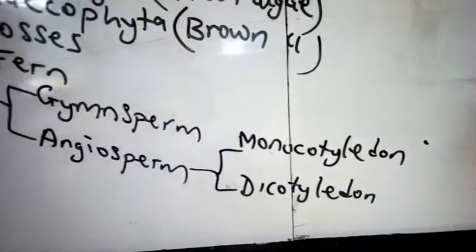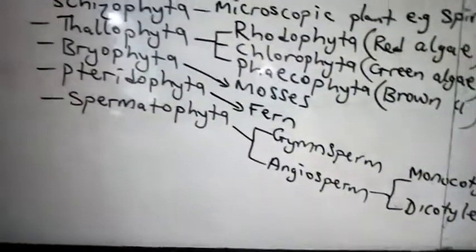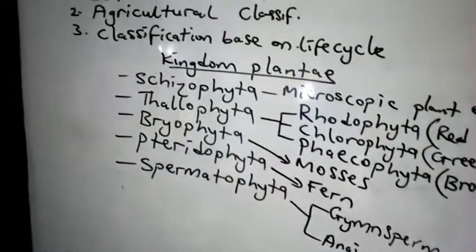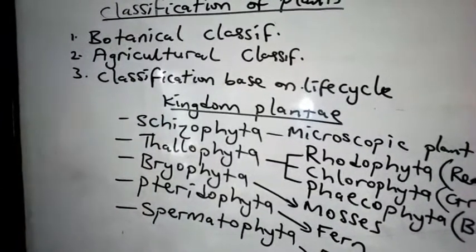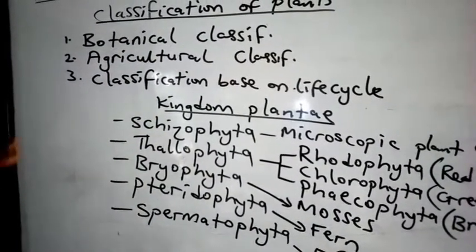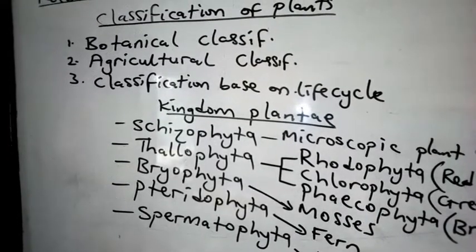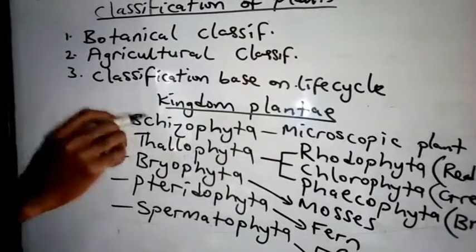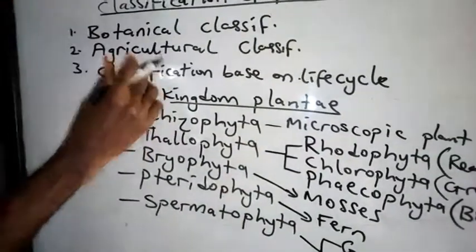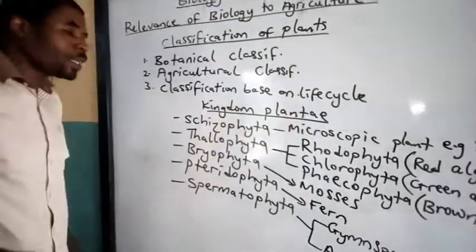Let me quickly take the botanical classification again. I told you that botanical classification has its origin from the kingdom Plantae. The kingdom Plantae divides plants into five divisions. We have the schizophyta, which are mostly unicellular plants, mostly aquatic in nature.